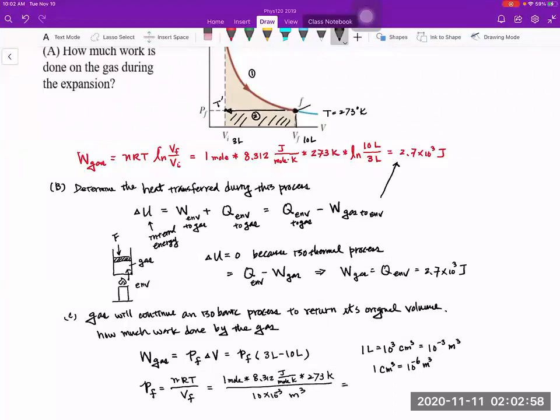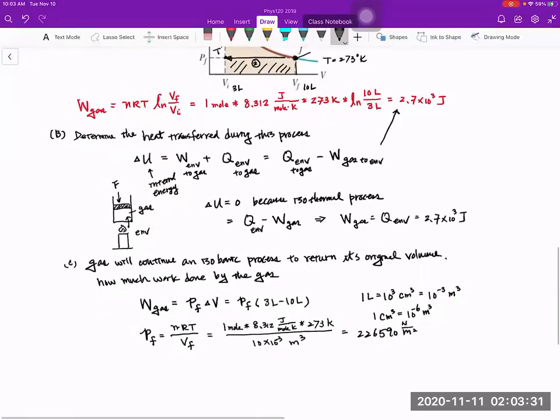And then you can find the P final, that will be about 22.7. It should be larger than this. Actually, I have a number: 226590 Newton per meter square. That's our pressure, which is in Pascal.